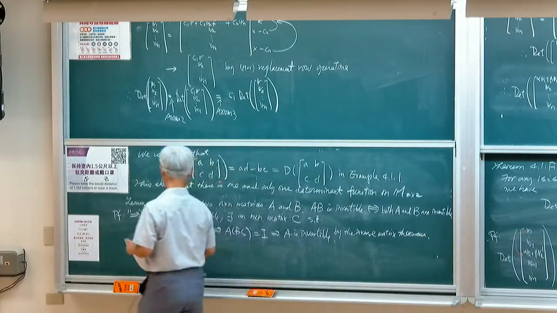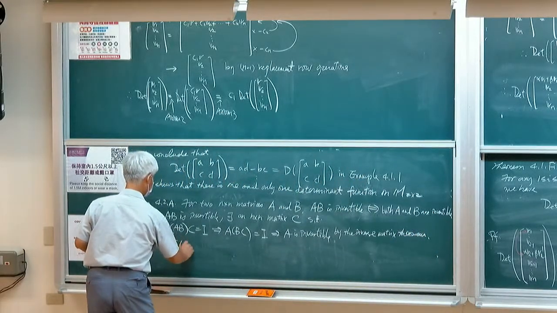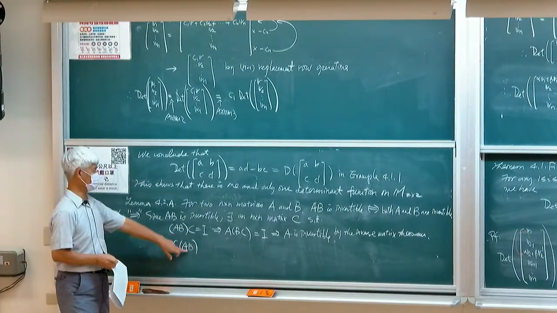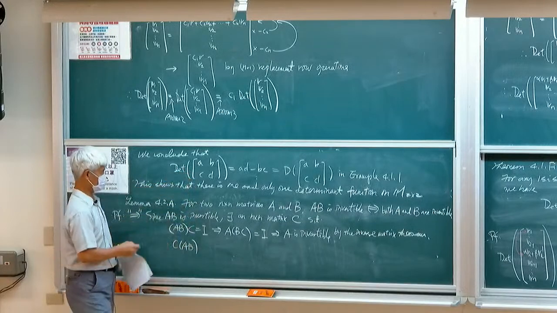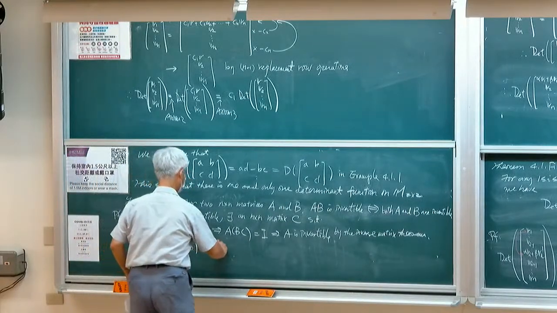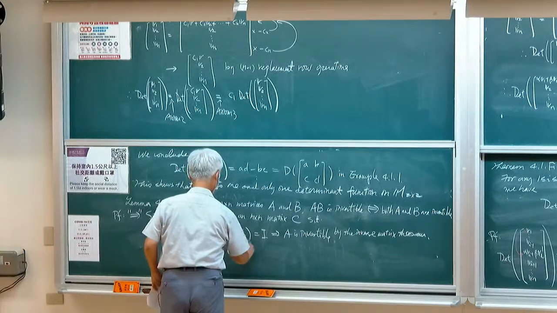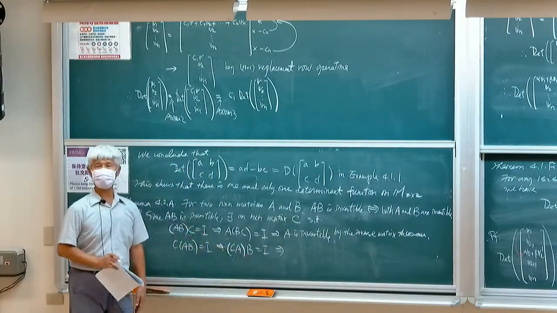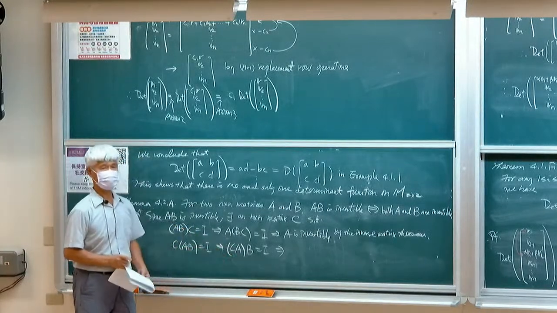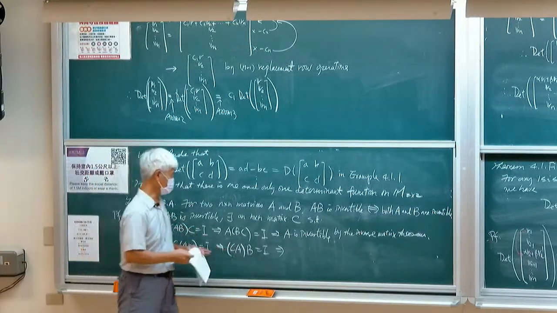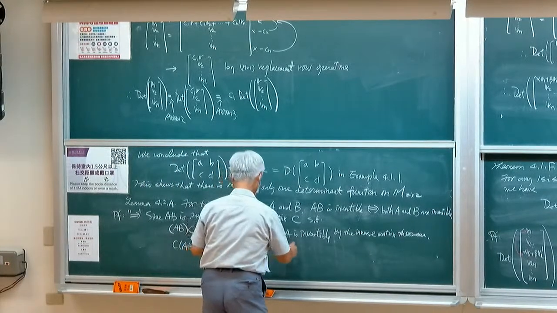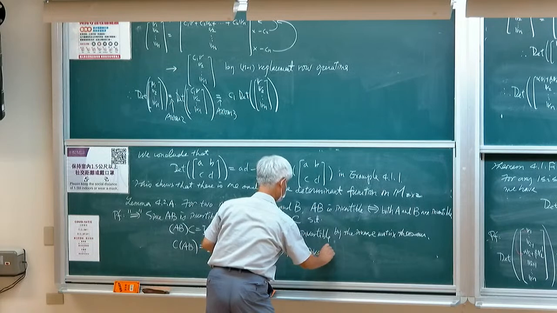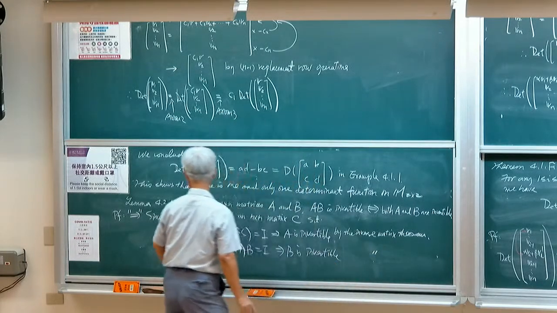And similarly, C is a left inverse of AB, right? Because C is the inverse, this is the identity, that implies CA times B is the identity. All right, so B has a left inverse, which is C multiplied with A. So B is also invertible, for the same reason. Okay.